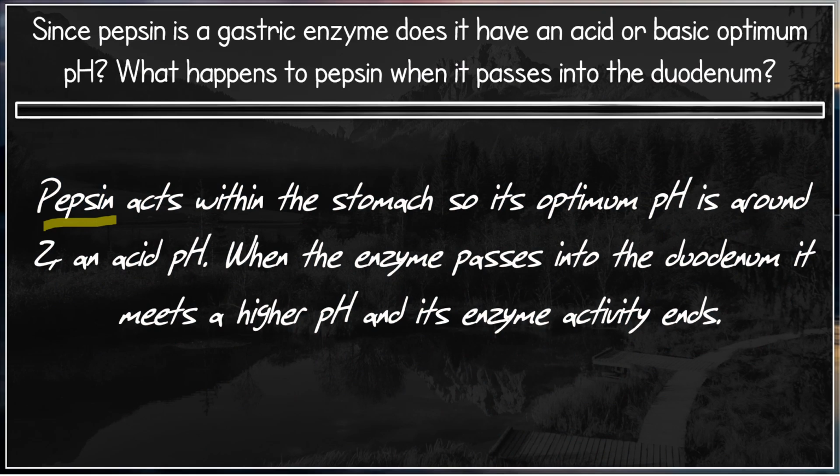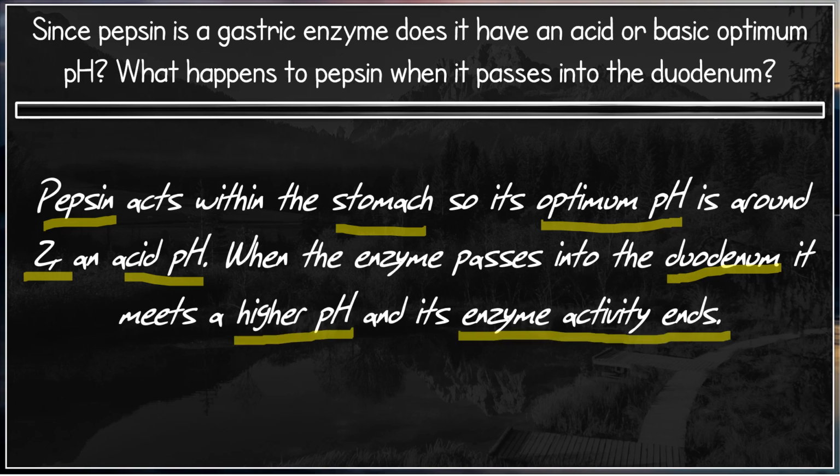Pepsin acts within the stomach, so its optimum pH is around 2, an acid pH. When the enzyme passes into the duodenum, it meets a higher pH and its enzyme activity ends.